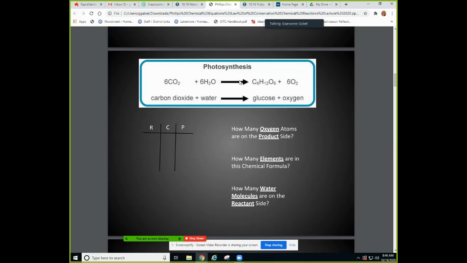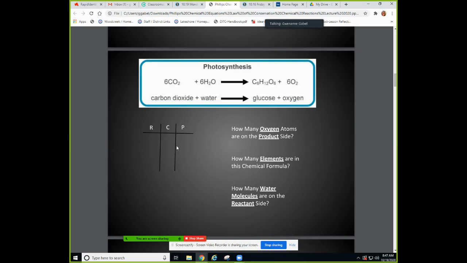It's that thermal energy from the sun that causes the CO2 and the water to react and create oxygen and glucose, which is a sugar. So the sugar is what plants use for their food, and their byproduct is oxygen, which is what we need to survive. So without photosynthesis, we as a human species would not be able to have oxygen.